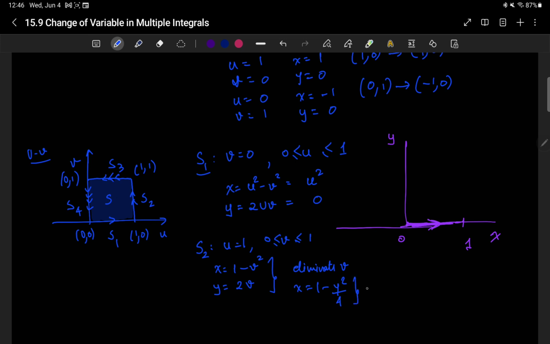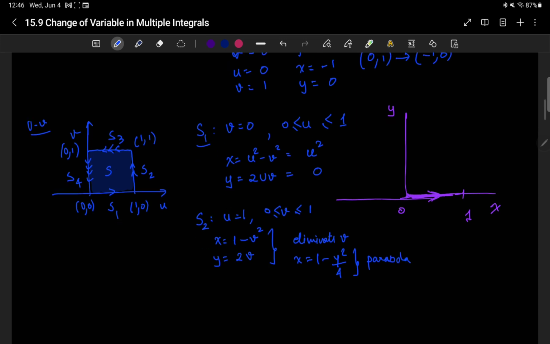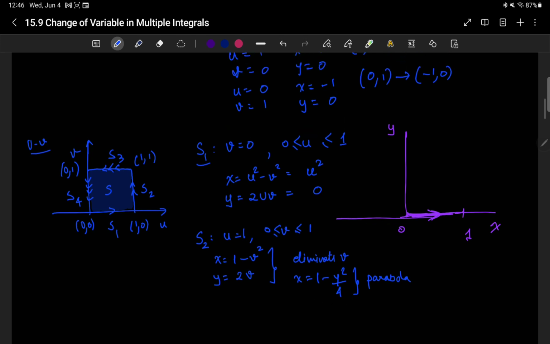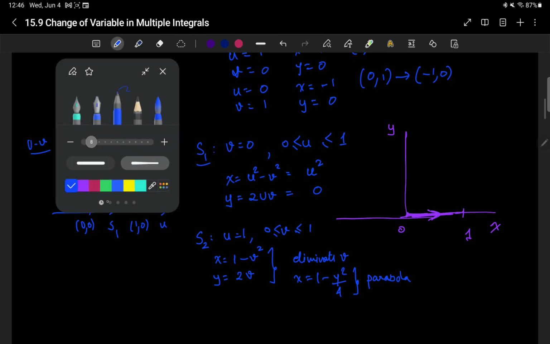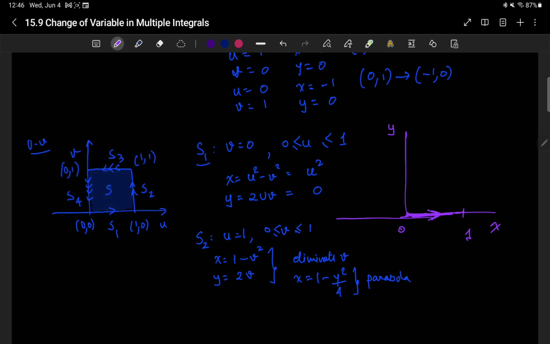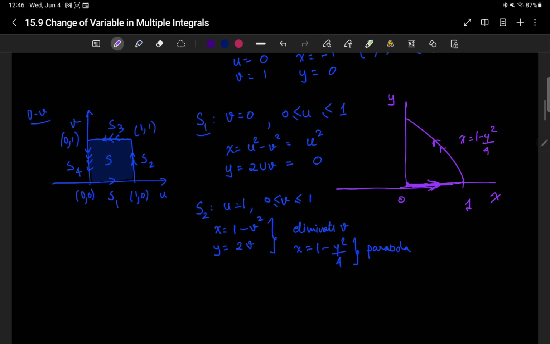And this we know is a parabola, so it's a part of a parabola. So this maps to x equals 1 minus y squared over 4. So that's what S2 is mapping to.